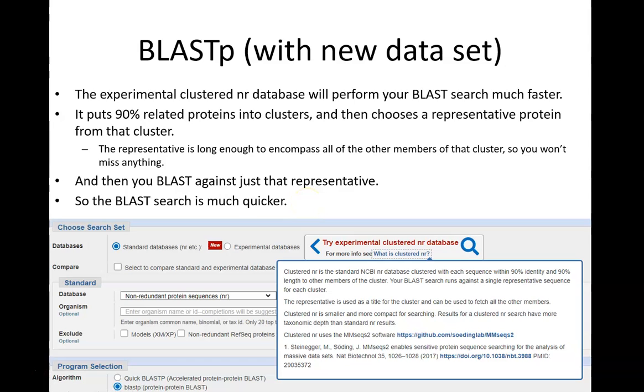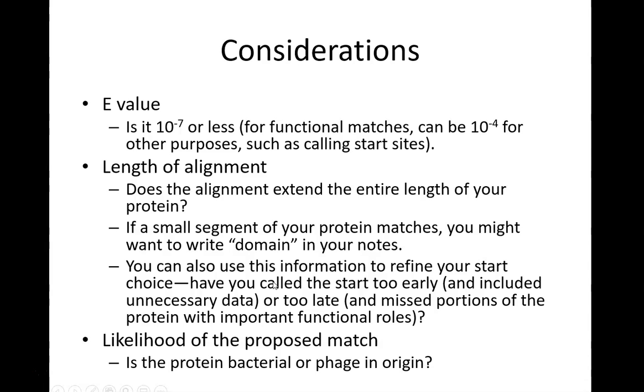So that means if there are multiple copies of a submission, which happens in GenBank, where you have lots of different copies, the curated website will make sure that there's only one. The other thing is that it puts 90% related proteins into clusters and then chooses a representative protein from that cluster. It's long enough so you won't miss anything, but you just BLAST against that representative, so the BLAST search is much quicker. So I've been using the experimental database recently.